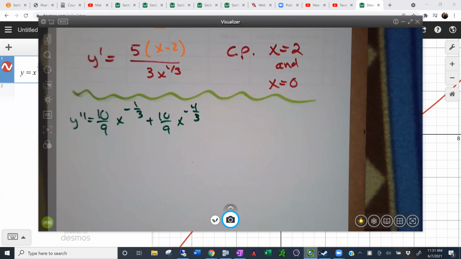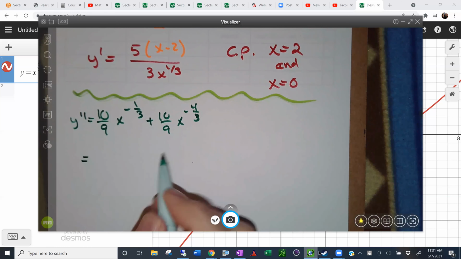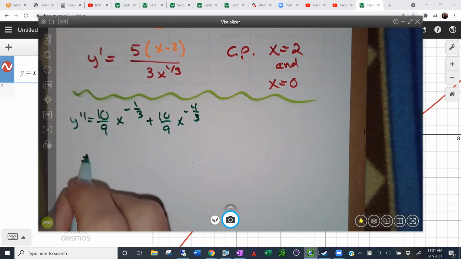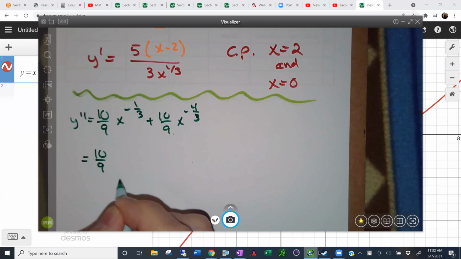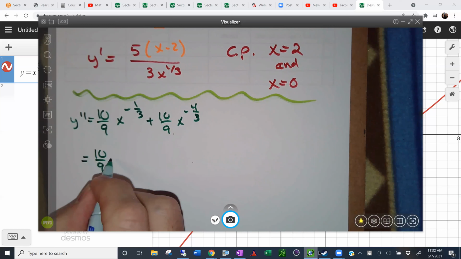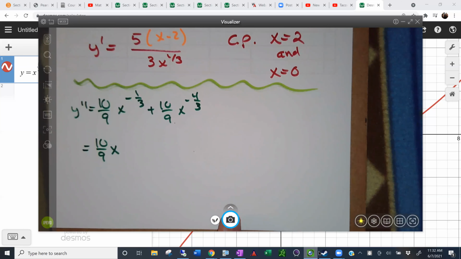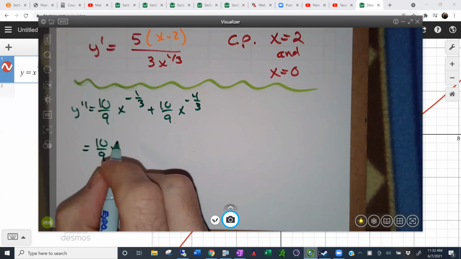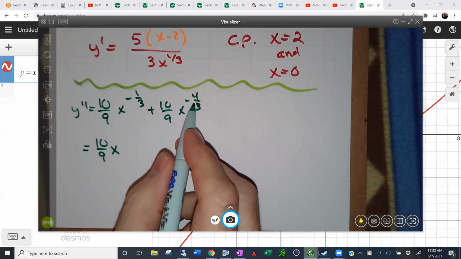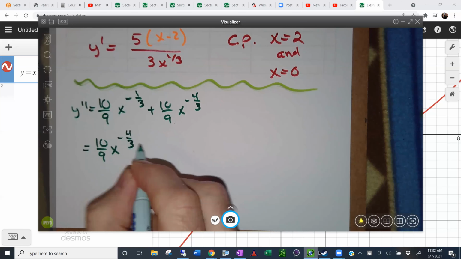If I'm going to factor this, I want to factor out the largest negative exponent term that I can. My common factor is going to include a 10/9 x to what power? -4/3. You want the largest negative exponent possible, so -4/3.